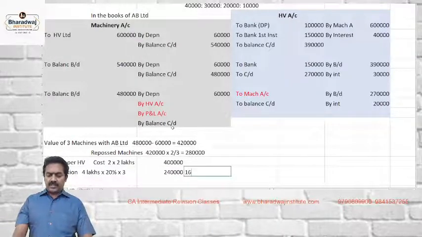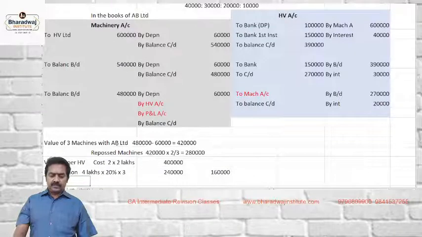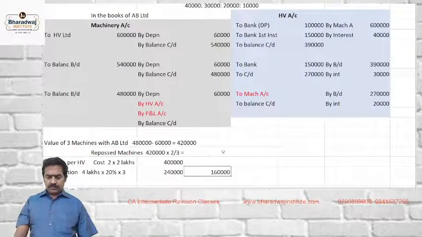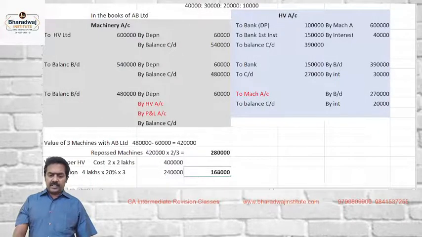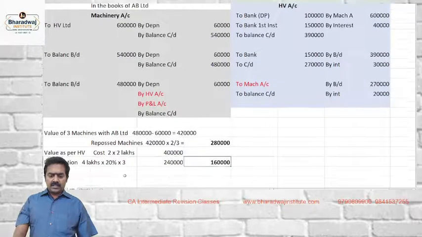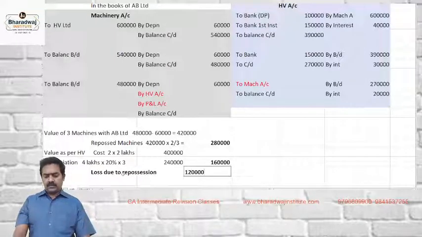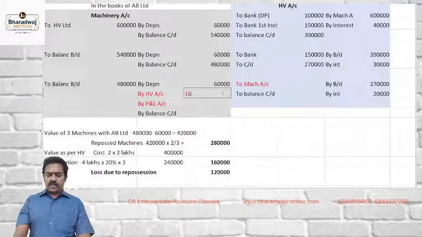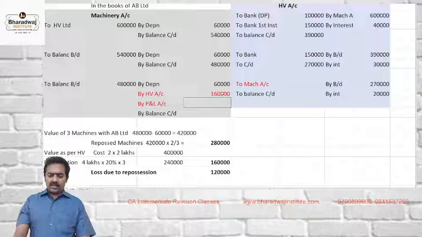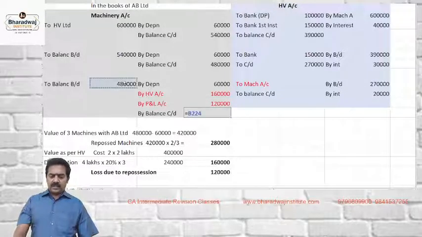So 1,60,000 is the value. So 2,80,000 taken over at 1,60,000 means what is the loss? By a vendor, he takes over for 1,60,000. Loss is how much? 1,20,000. Balancing figure will be the asset value.